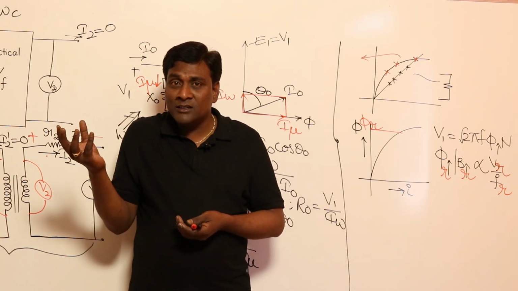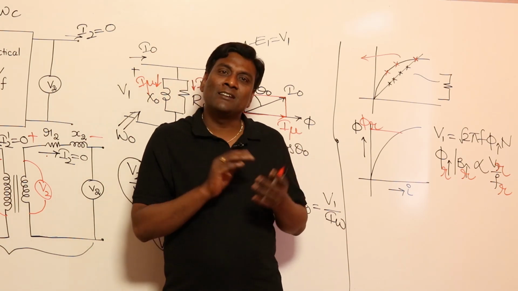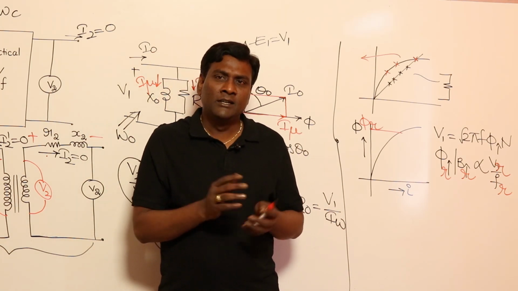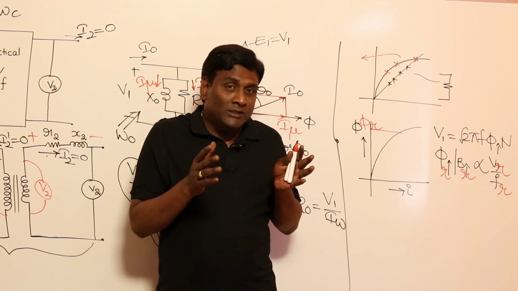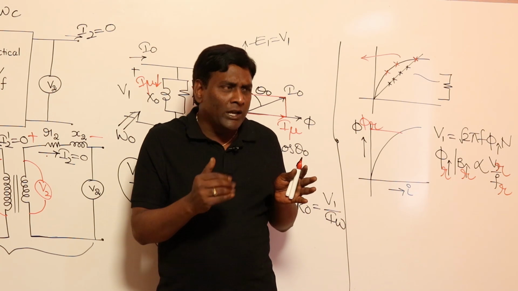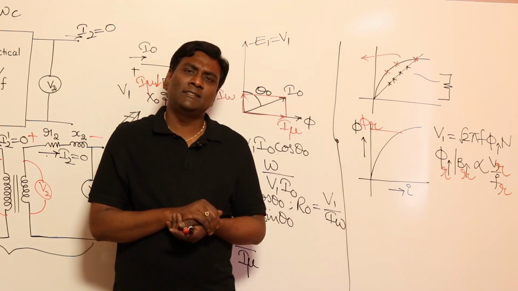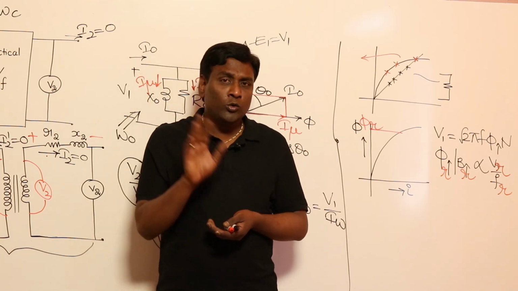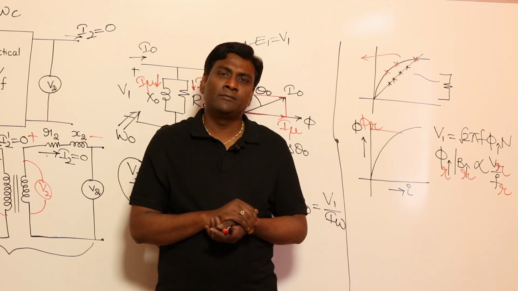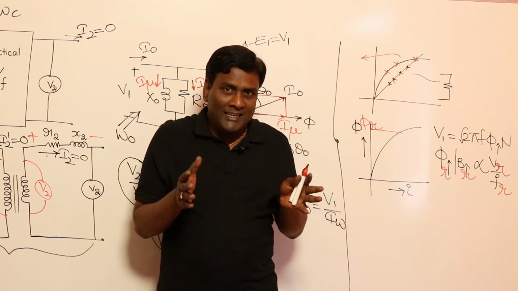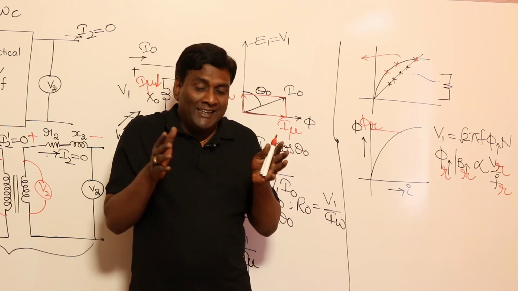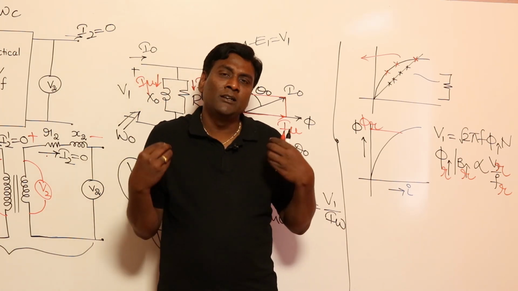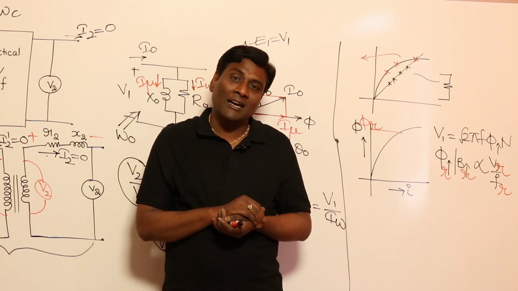But for a 100 kilovolt transformer, which is designed for 100 kV, we normally use it in practice at 100 kV only, not at 50 kV or 10 kV. So while testing also I have to conduct my OC test at 100 kV only.